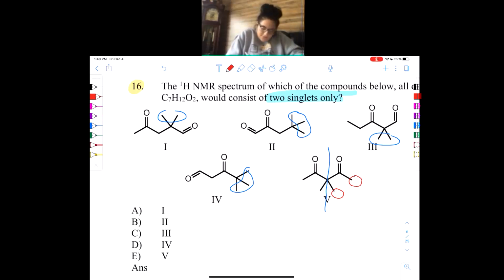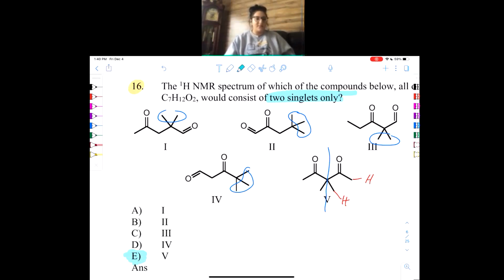And so let me draw out 1 hydrogen each. Do either of these hydrogens have another hydrogen within 3 bond lengths? No. So does number 5 work as 2 singlets only? Yes, it does. So I am happy with that answer.